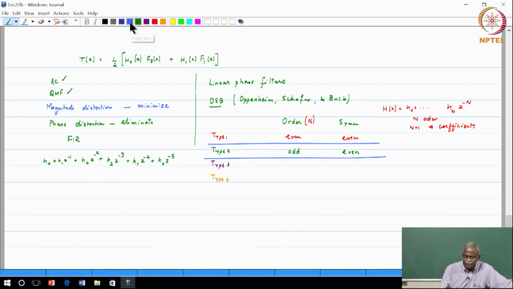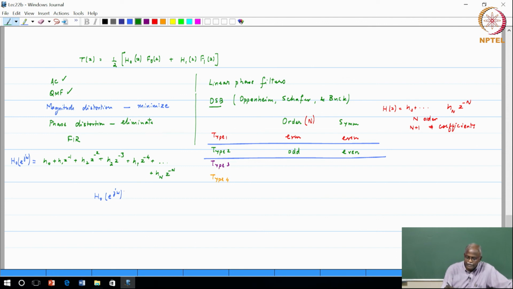Let me just write the expression for it and then leave it as an exercise for you. H0(e^jω) is h0 plus ... plus hn times z to the minus n, that is the general form.